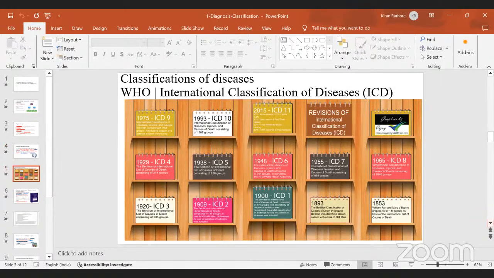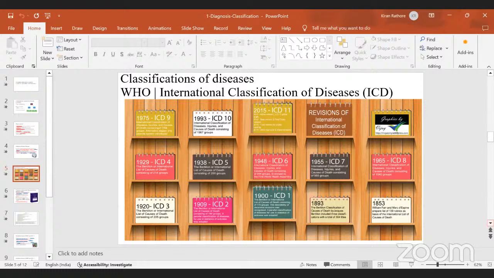Yesterday I was telling you there are two important classificatory systems, and one is ICD, the full form of which is International Classification of Diseases.